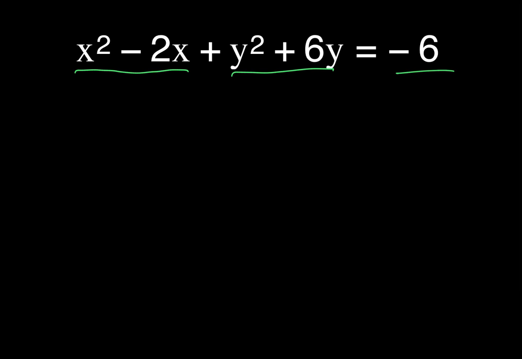And then we go through the process of completing the square, and I'm going to do it first for this portion. So completing the square, x squared minus 2x. The process was I take this middle number, take half of it. Half of negative 2.